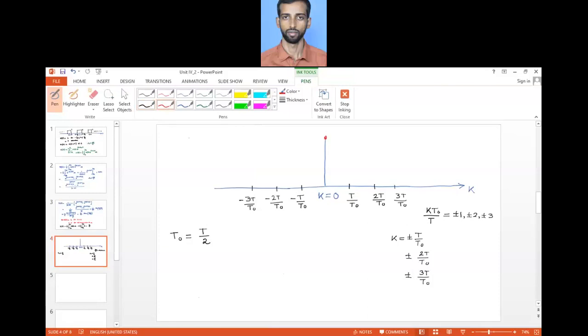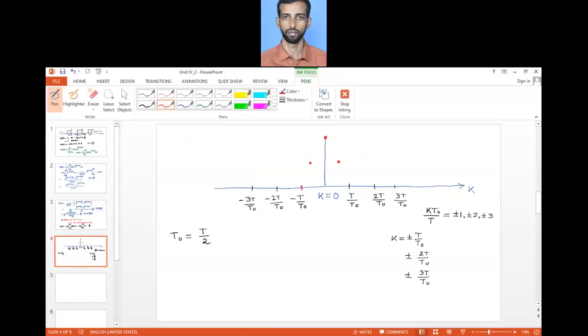So this is the first value corresponding to k is equal to 0. Then you have the second value. Here you have a decaying pulse, a sinc function. The value can be anywhere in between. It's known as the first lobe. This value over here is the second value, k equal to plus 1, k equal to minus 1.